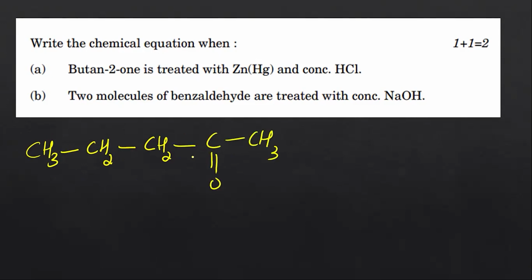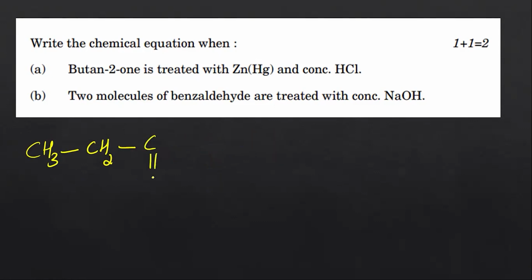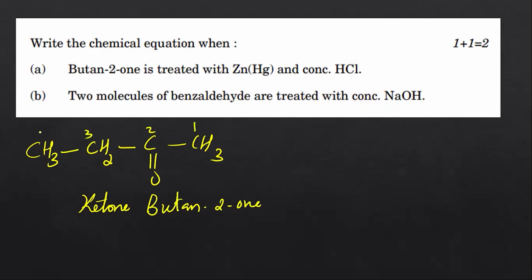Sorry, that was pentanone. Butanone is C double bond O, CH3, so this is a 4 carbon ketone. The CO group is the ketone, and its name is butan-2-one. 1, 2, 3, 4.